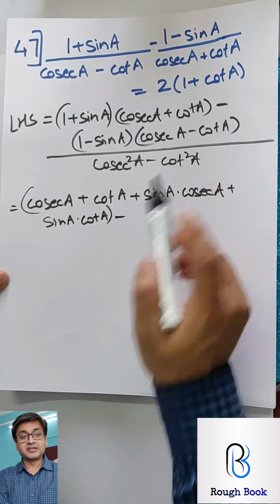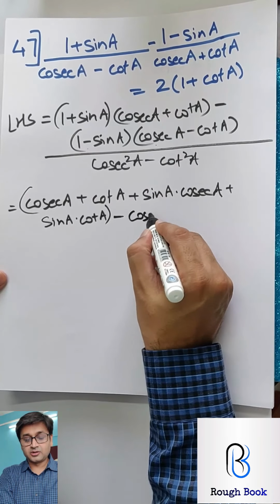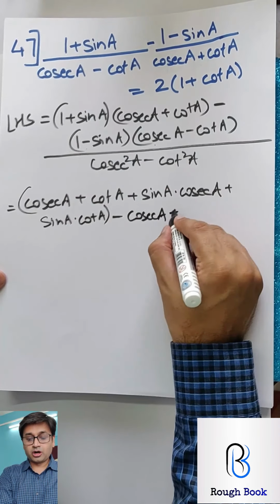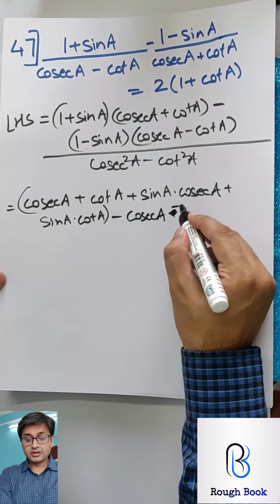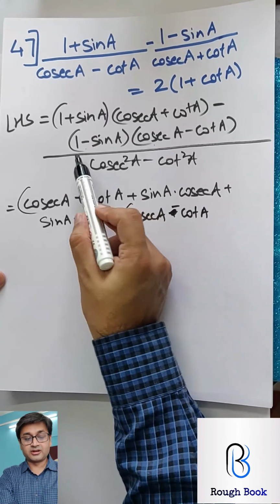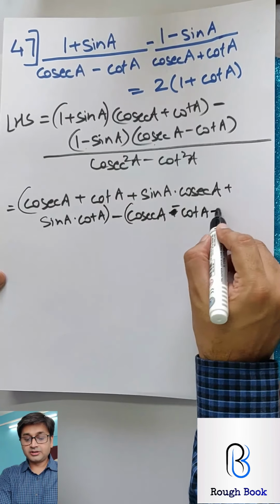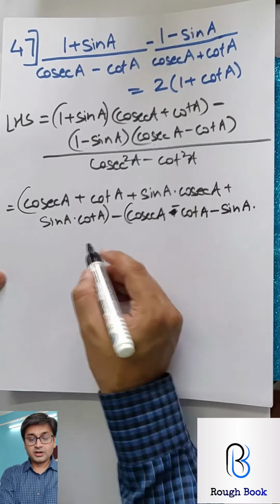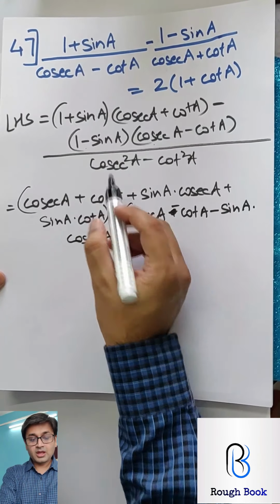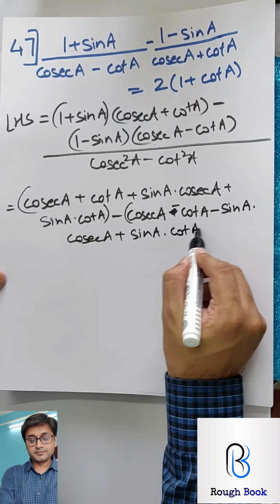In the end, this minus sign will give the effect, otherwise we'll mess up everything. So 1 into cosec is cosec again, 1 into cot, so minus cot. This minus sign is outside, so don't give the effect right now. 1 into cosec, cosec. 1 into cot, cot. Sine into cosec, so minus sine into cosec. And minus minus plus sine into cot.